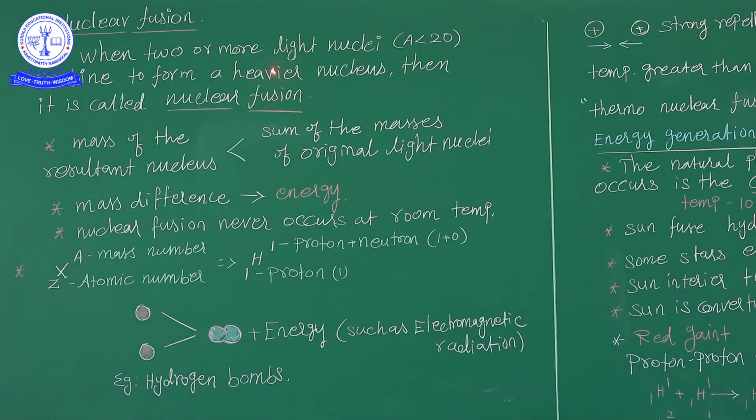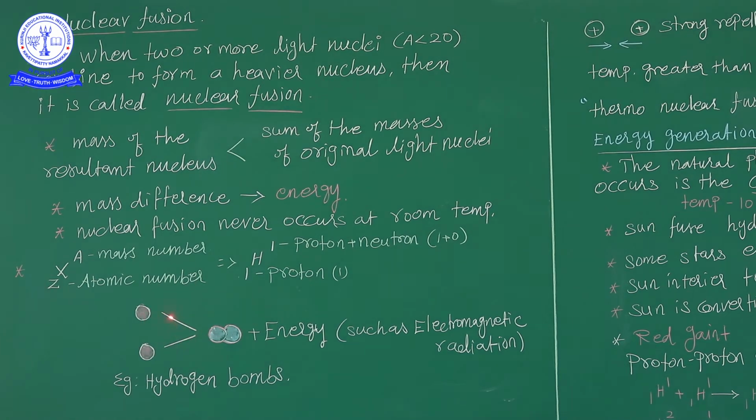So what is the heavier nucleus? The mass number and atomic number are more than 1. So how do we make the heavier nucleus? First you take the lighter nuclei and convert them into a heavier nucleus.